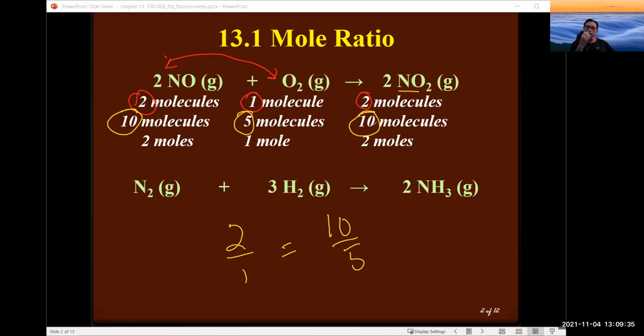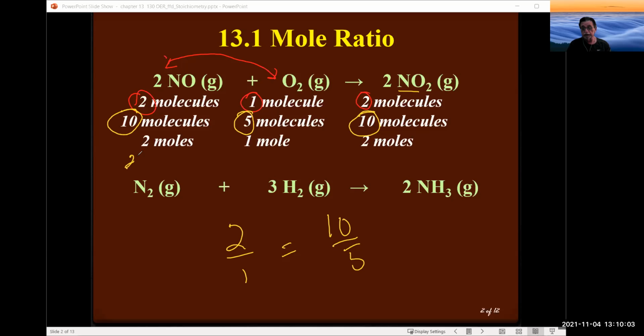Okay, well, we don't really do any dealings with molecules individually because, I hope you see by now, how small these molecules are. So we deal with moles. And so we can say that 2 moles of nitrogen monoxide plus 1 mole of oxygen reacts to give us 2 moles of nitrogen dioxide.